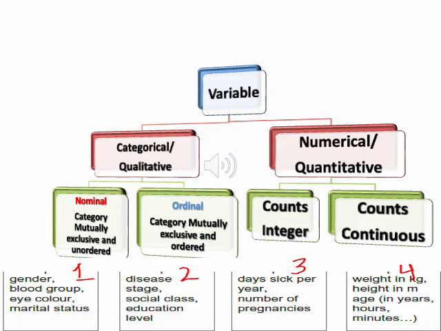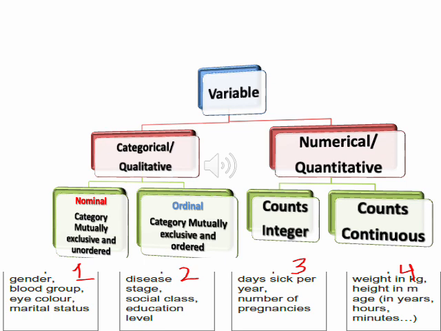Just to summarize what we have learned till now: variables can be broadly classified into categorical or qualitative variables and numerical or quantitative variables. The categorical or qualitative variables can be further subdivided into two categories: the nominal and ordinal variables.